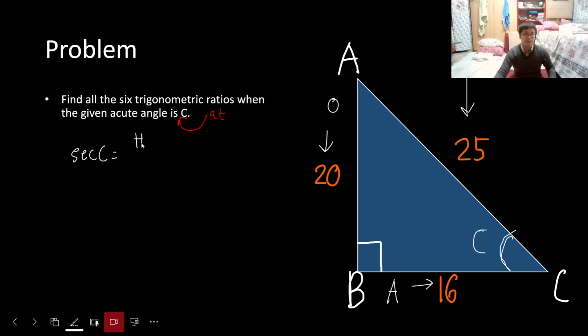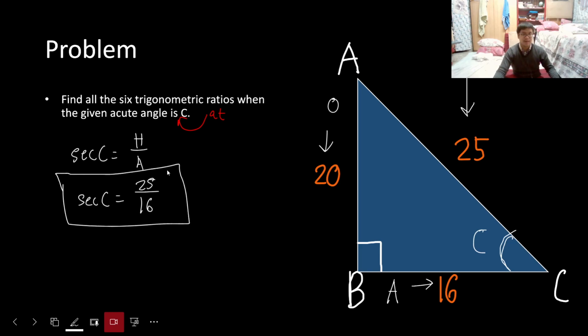It's hypotenuse all over adjacent. Your hypotenuse is 25 and your adjacent is 16. Since 25 and 16 are not divisible by any number except 1, they cannot be simplified anymore, so we can leave this as our final answer.